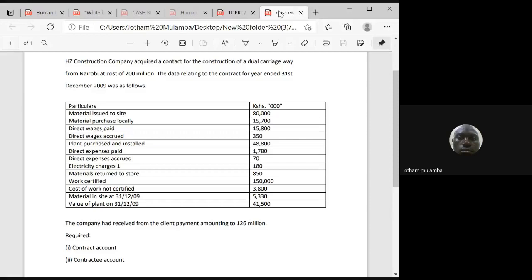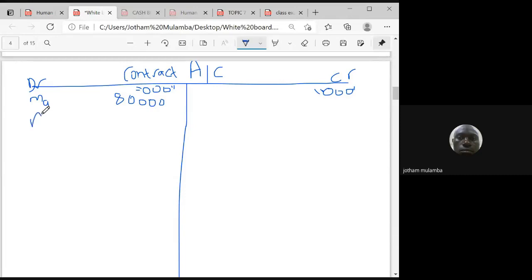The next item, materials purchased locally, that's 15,700.